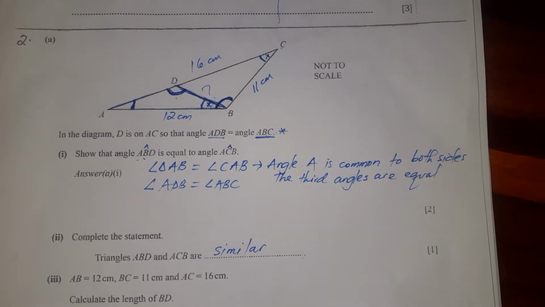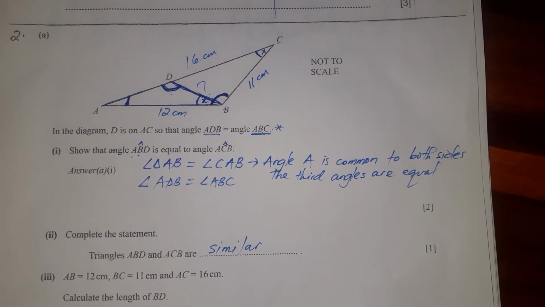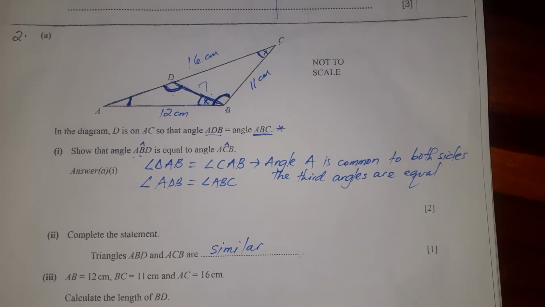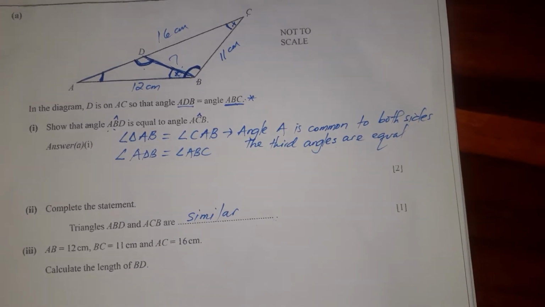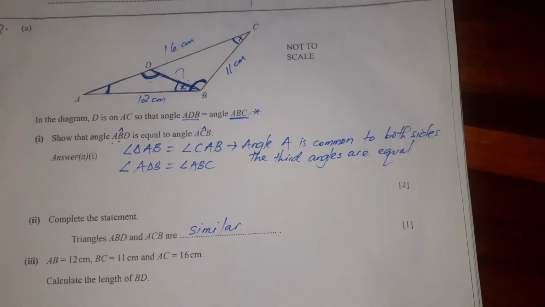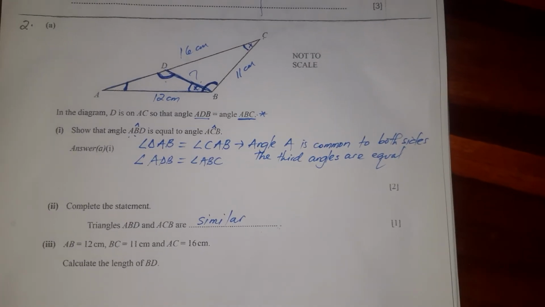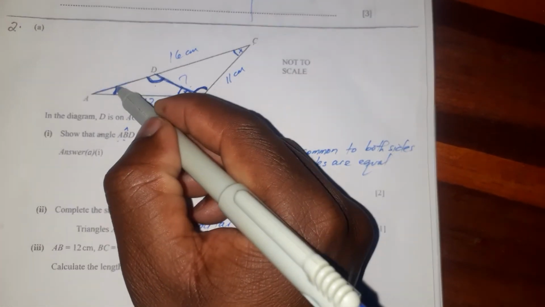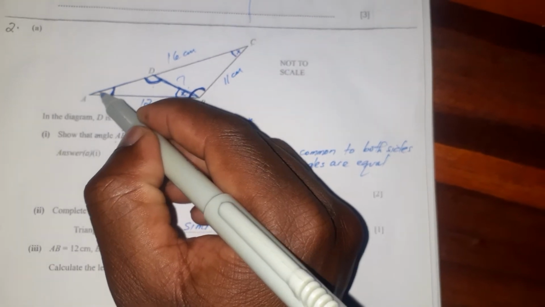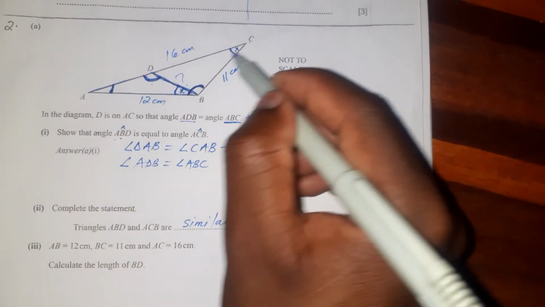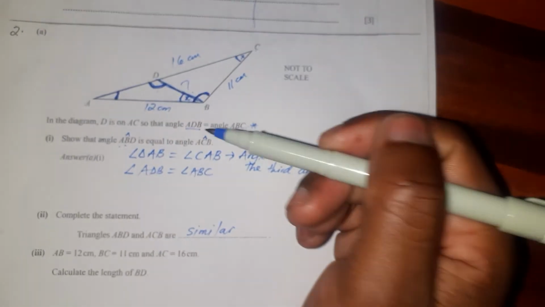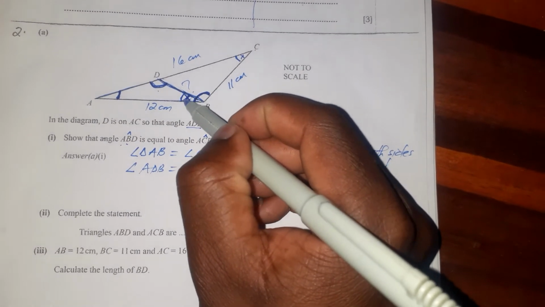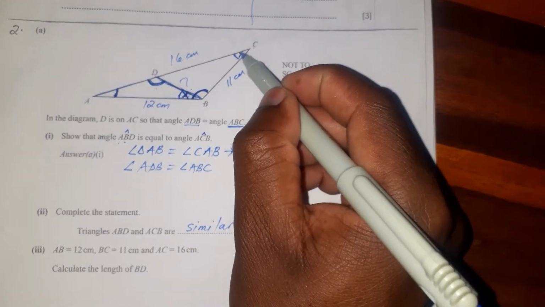Now to calculate that length, we need to recognize the corresponding sides. Since we said that this angle is common to both the small triangle and the big triangle, it follows that this angle, that's what we're told to prove, is equal to that angle.